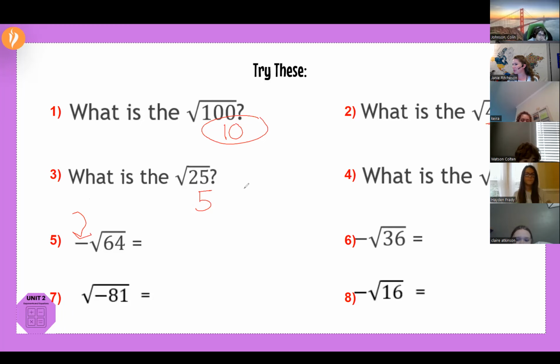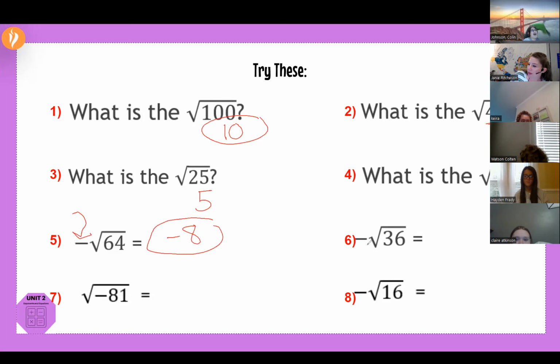Is it -8? It is -8, absolutely. If you said +8, I'm afraid that's not right. If the negative sign is outside the radical, guys, the answer must be negative, okay? And if it's inside the radical, no solution. Oh, Colin, I was hoping they'd remember on their own.